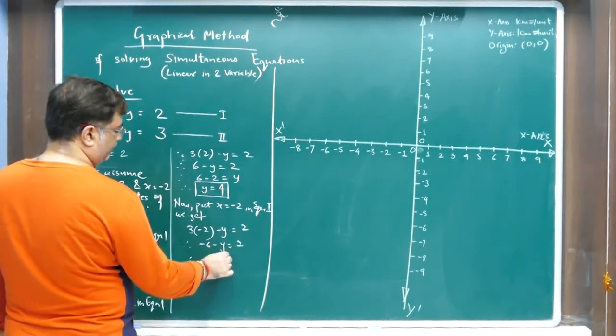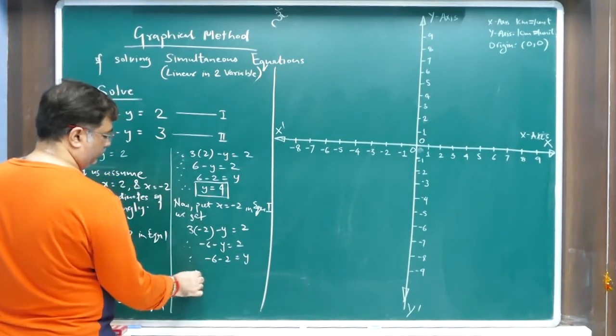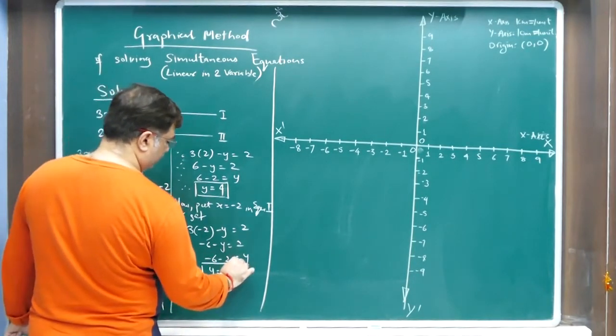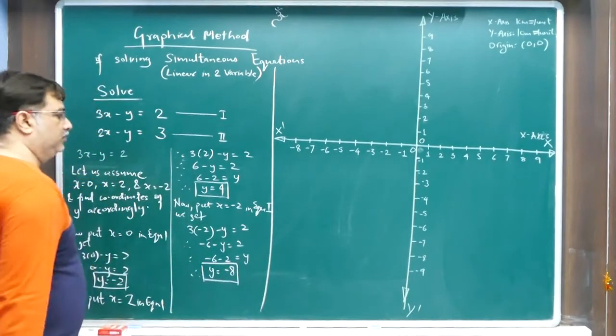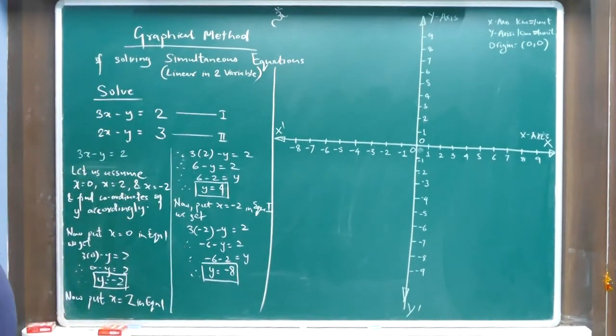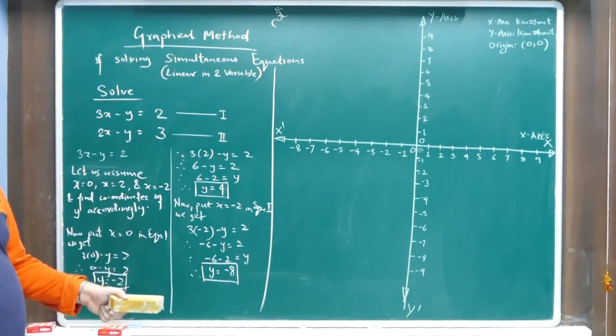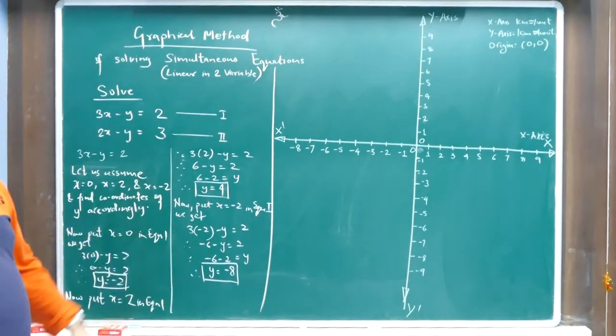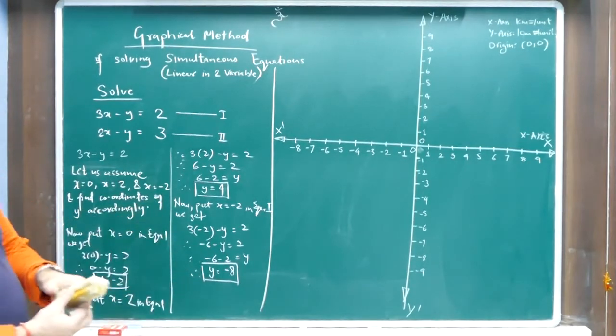So minus 6 minus 2 is equal to y. So y is equal to minus 8. So we have got the third coordinate as well. So now the coordinate table will get ready. Alright. So copy this much and then we draw the coordinate table for the first one. Alright. Copy this much.